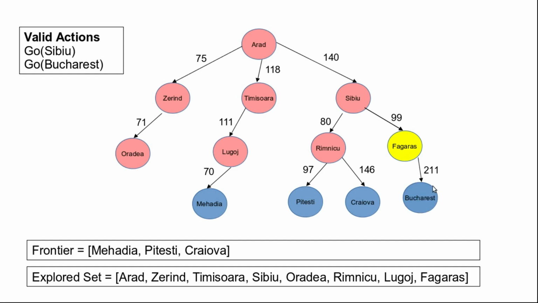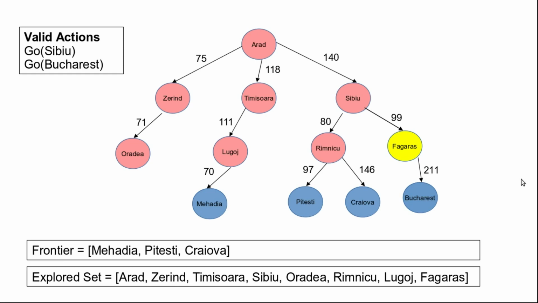And here we see one difference between BFS and uniform cost search. In case of BFS, when a node is generated, we check whether it is a goal state or not. So in case of BFS, at the time Bucharest is generated, we would have checked whether this new node is a goal state, and if it is a goal state, we would have stopped our search and returned the solution.